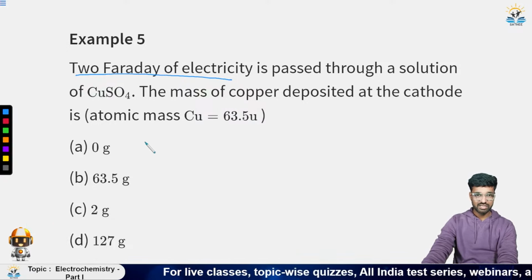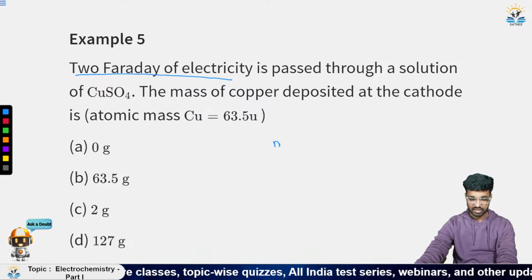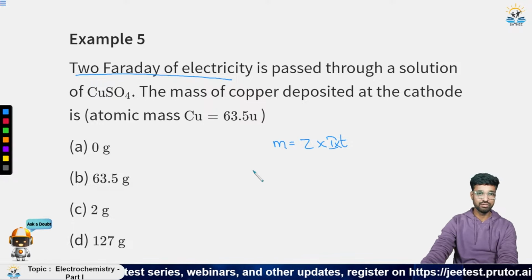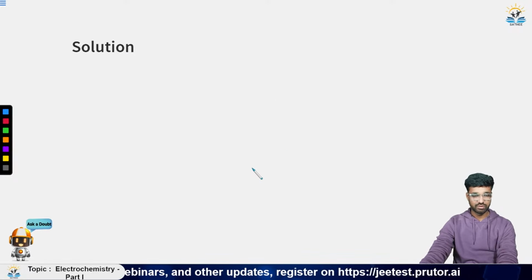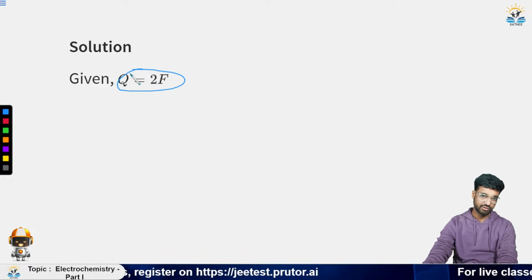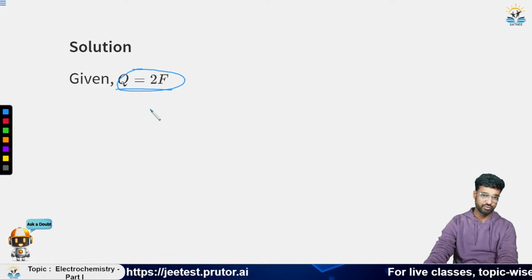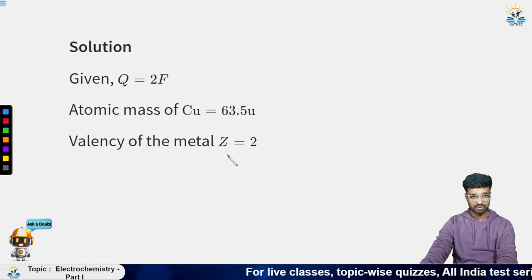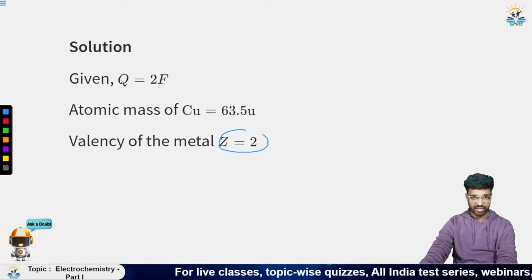We have to calculate the mass. We know the formula: mass is equal to Z into I into T. It is Faraday's first law. Let us see how we will solve it. The amount of charge that flows through is Q equal to 2F, the atomic mass is 63.5, and the valency, or n factor, is 2.